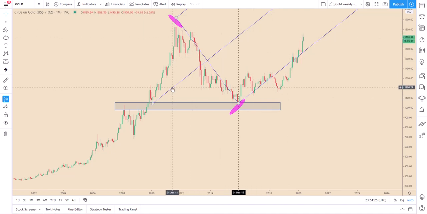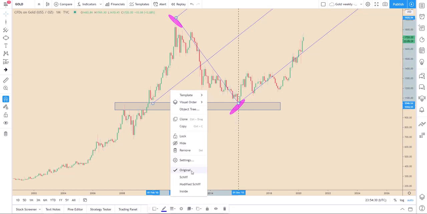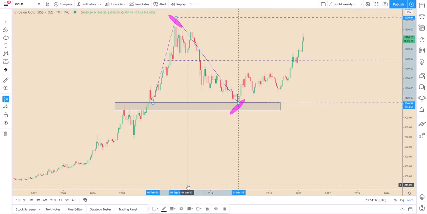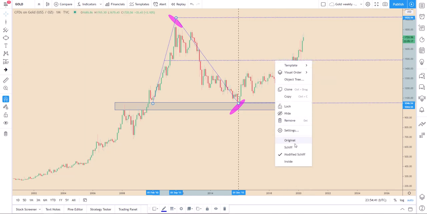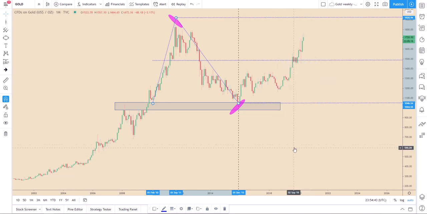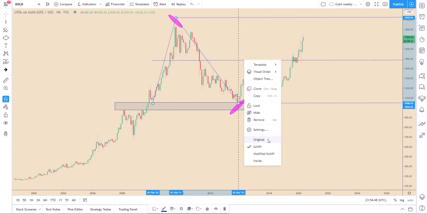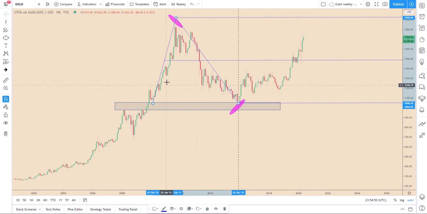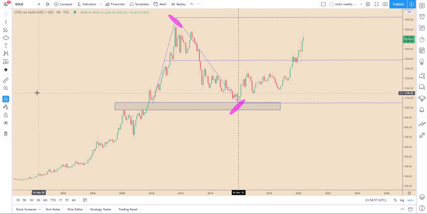And so what I'm going to do, I want to look at the modified Schiff version of that fork, which doesn't look too bad. And then the Schiff, you can hardly tell the difference. And so just me, I prefer the modified Schiff. I keep throwing a T on the end of that.